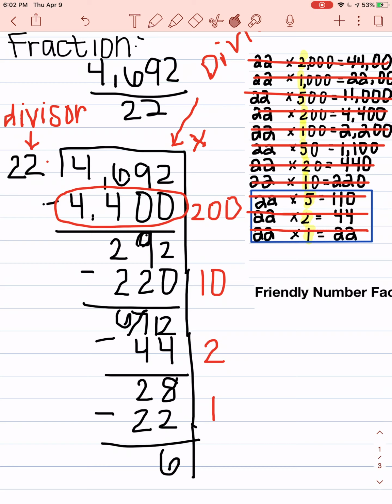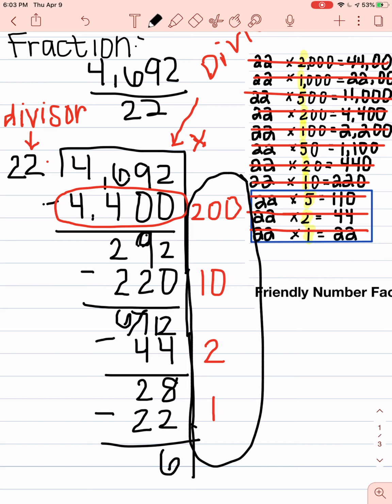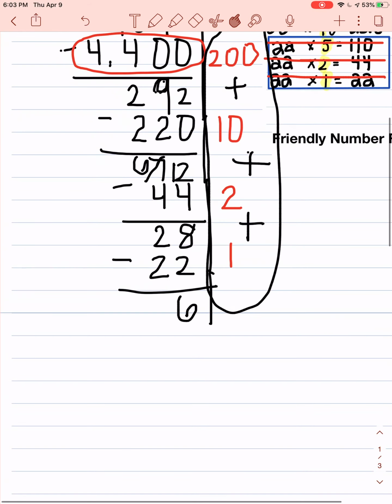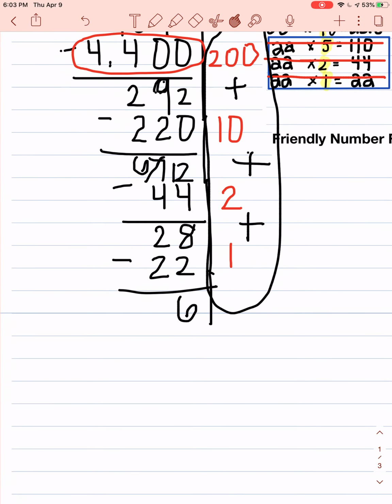Now, what am I going to do with all of these numbers on the right side of the line? Your answer should be that I'm going to be adding up all these numbers. Now I'm a teacher, so I'm going to line these numbers up. So let me go ahead and add them up.